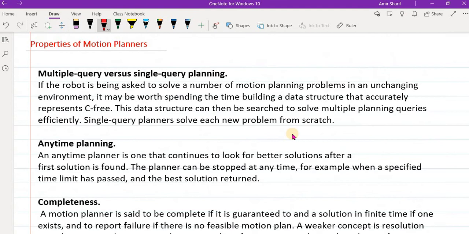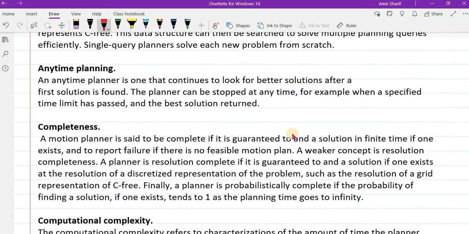Then we have another property of the motion planner, which is anytime planning. An anytime planner is one that continues to look for better solutions after a first solution is found. The planner can be stopped at any time, for example, when a specified time limit has passed, and the best solution is returned.